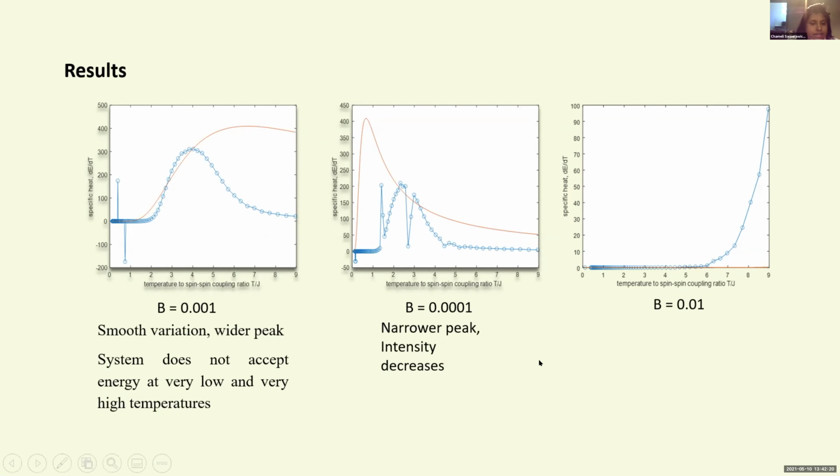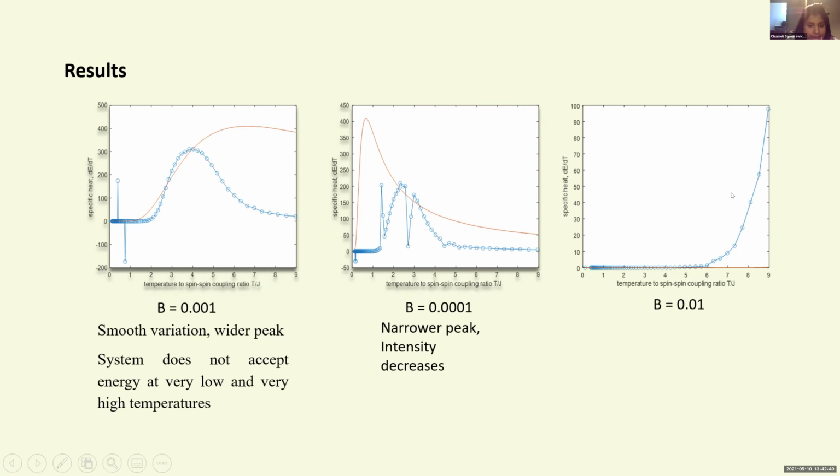So here we can see that when the external magnetic field equals 0.001, we have a very smooth variation of heat capacity versus temperature for the spin-spin coupling.